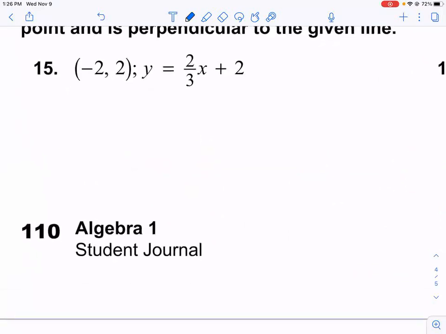Okay, so the first thing I want you to do, I want you to go down to number 15 on that next page. And I want you to identify what our perpendicular slope needs to be.